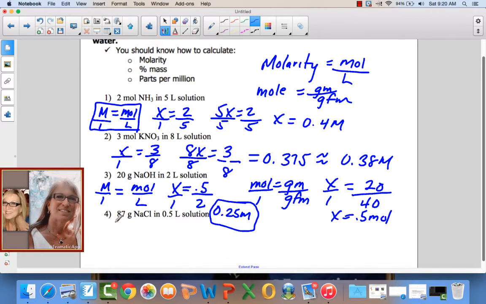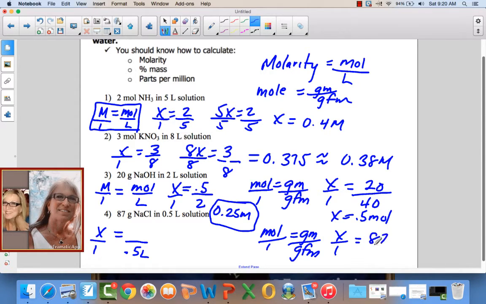Let's do one more of those. Down here, I'm going to have x over 1 equals, I don't know my moles, over 0.5 liters. So again, I have to do my mole formula. Moles over 1 equals given mass over GFM. So that's x over 1 equals 87 over the GFM of NaCl.